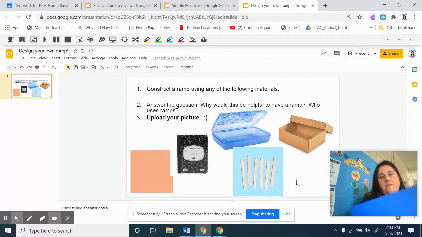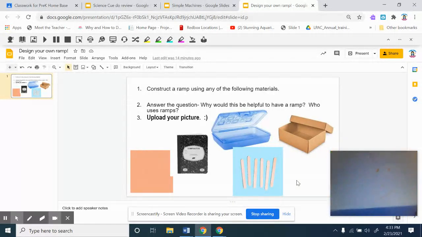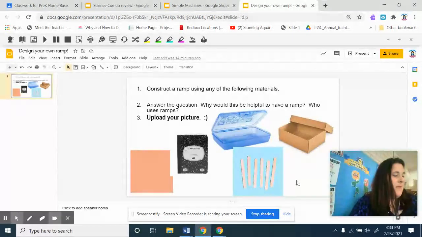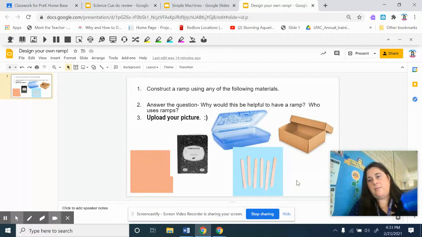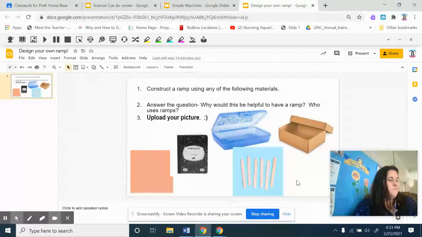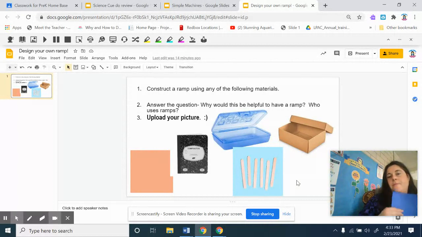So I put here some blue cardstock. And you can go ahead and design it if you want. I put a little smiley face and we can see that. And then I've got a pencil box that I commandeered from one of my students. So, a sheet of paper and a pencil box.